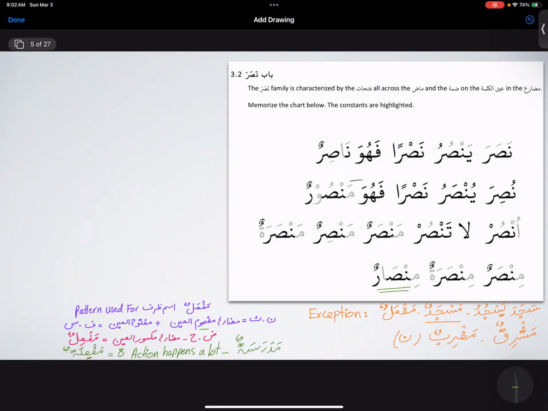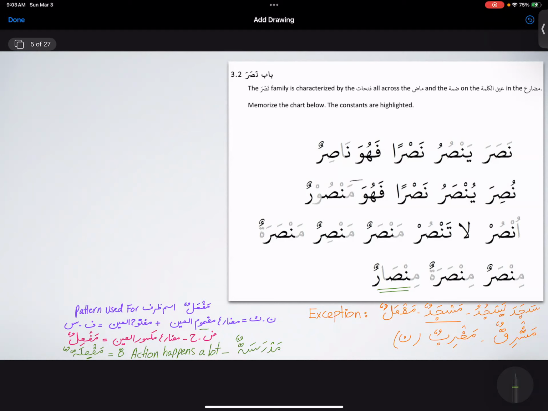So that's why we say mansub or marfu, which is also on the pattern of maf'ul. When we say this ism is marfu, that means this ism is given a dhamma, so this is rafa. So Mudari madmumul ayn could be Nasara Yansuru or Karuma Yakrumu.